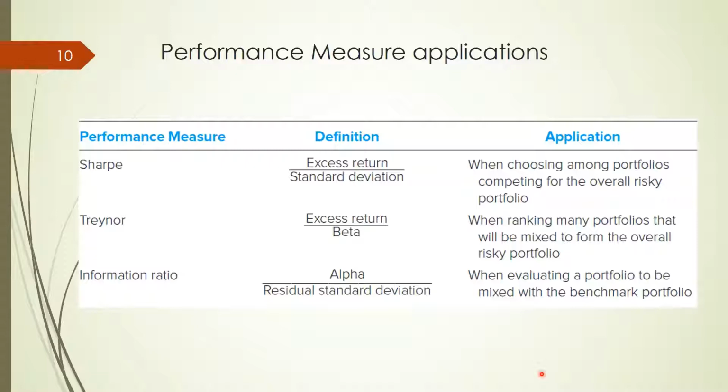The information ratio here is defined as alpha over residual standard deviation. It is helpful when you want to evaluate whether a portfolio is a good mix with your benchmark portfolio. The higher the ratio, the more likely this portfolio helps to diversify your benchmark portfolio while adding alpha to the returns. So they serve different purposes for portfolio evaluation.